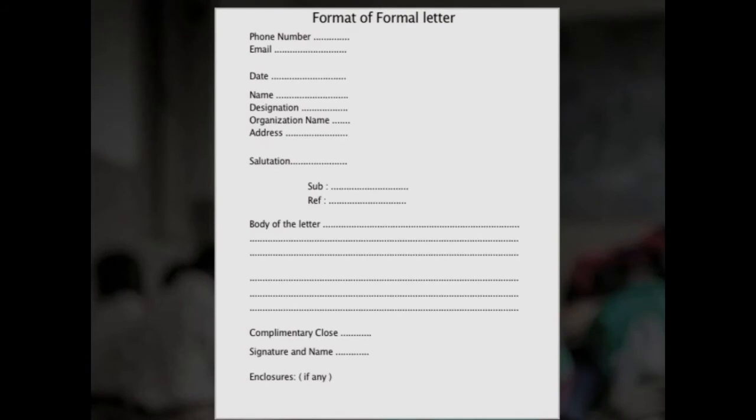There are 2 styles of writing a letter, a British style and an American style. The format which I have given to you is of American style, where all the contents of the letter are written towards your left.